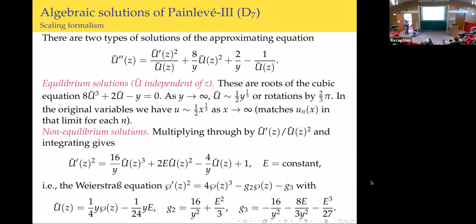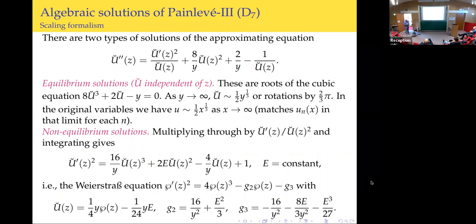When y, this parameter, tends to infinity, there's obviously a solution I can get from this term balancing with this term. So u breve should be like 1/2 y cubed. Of course, the cube root is ambiguous, so I could rotate by e to the 2 pi i over 3, or twice that, so rotations by 2 pi over 3.